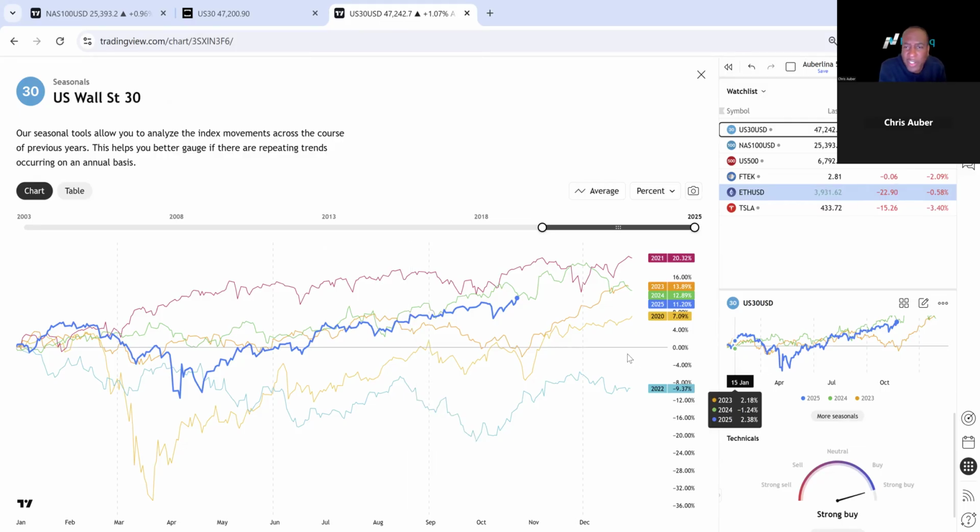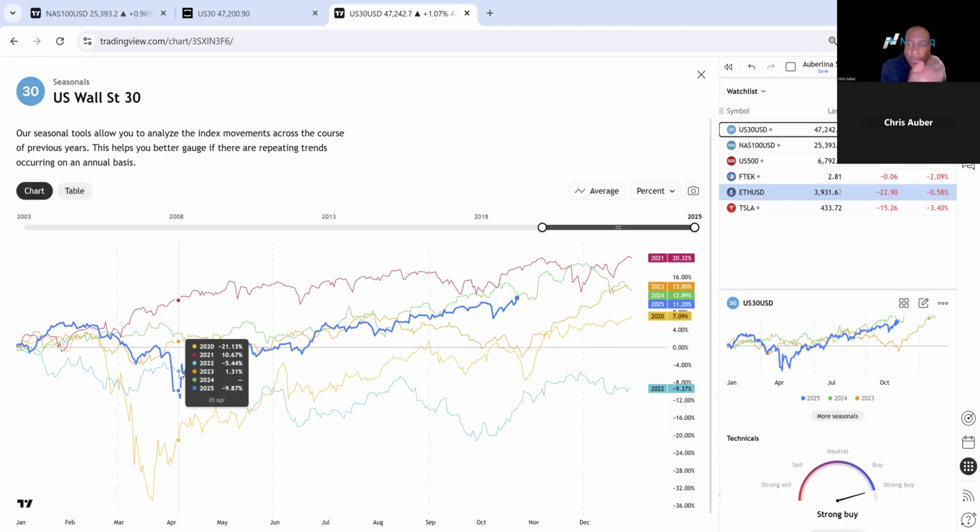seasonal data. This 0% line is where the price starts every single year at the beginning of the year, January. All right, that's where it starts. That's the 0% line. Now, anytime this 0% line gets broken, the price usually continues for the rest of the year.